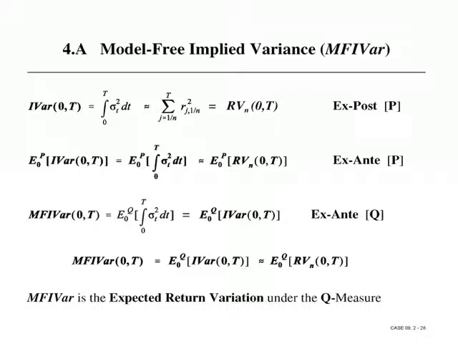So looking forward, you're going to get the expected value of this under P, and what you pay for it is the expected value under the Q measure. So the variance risk premium, the expected profit you get from buying this variance swap, is exactly the difference between the expected realized variance under the P measure and under the Q measure: how the financial markets price them and how they expect it to be realized on the underlying itself.